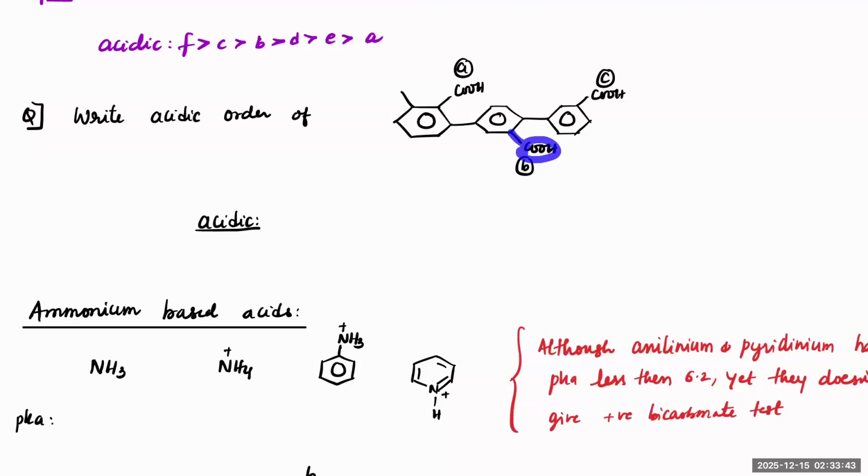While here, of course, there is an ortho effect because of this big group, but the ortho effect is not as strong as in case A. Then C does not have any ortho effect. So that makes it clear that A has to be more acidic than B, than C. This is based on ortho effect.